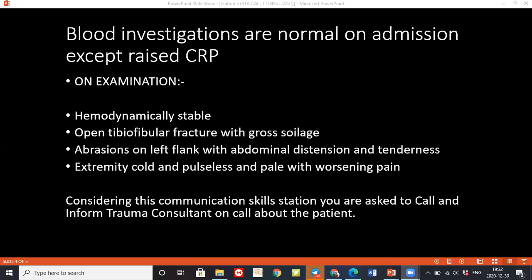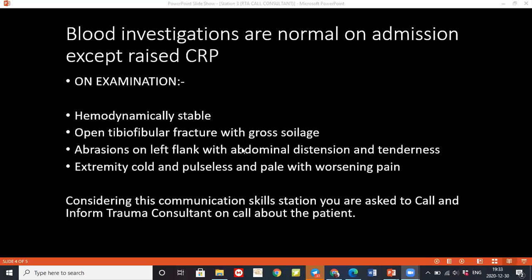And why general surgeon? Just to see if there is any intra-abdominal or pelvic organ injury in such an injury, in case of peritonism, intraperitoneal bleed or fluid collection.